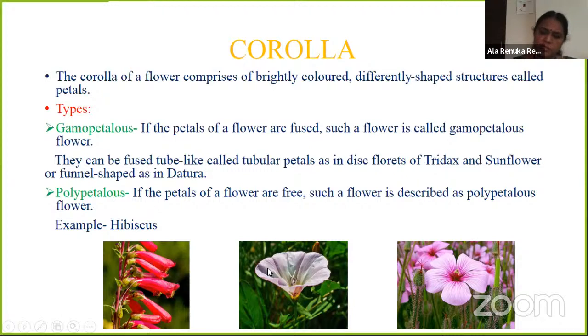There are different types, and many more also, but all the description is not included in your syllabus. So let us learn whatever is included: gamopetalous and polypetalous condition. It is the description of the flower: gamopetalous or polypetalous, tubular corolla, funnel-shaped corolla, etc.